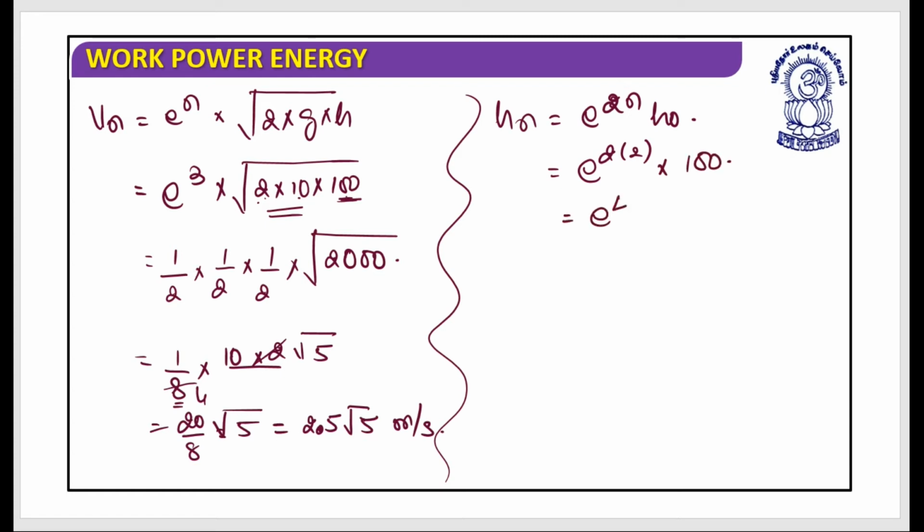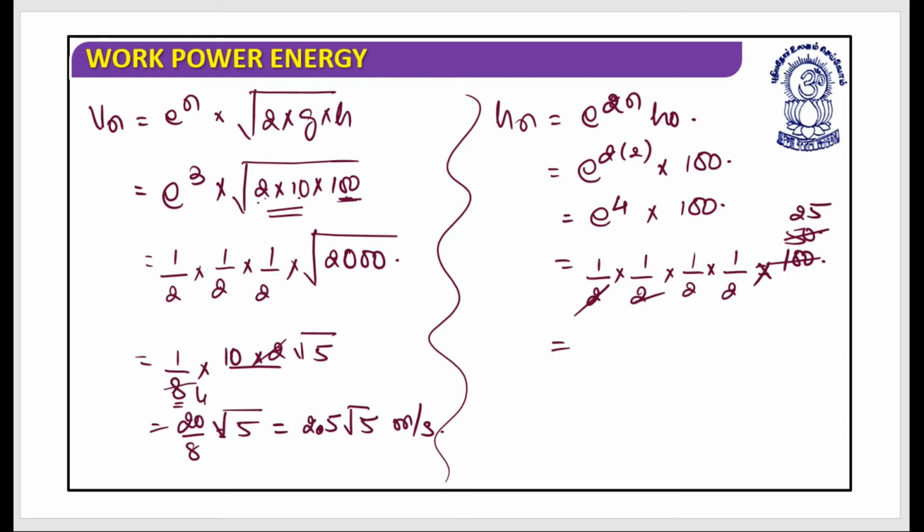So this is e to the power 4 into 100, which is 1 by 2, 1 by 2, 1 by 2 and 1 by 2 multiplied by 100. 100 by 2 is 50, 50 by 2 is 25, so this is 25 by 4, which is 6.25 meter. I hope this is clear.